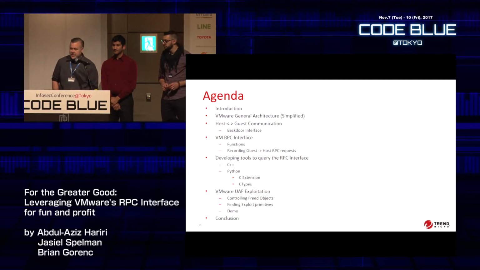What we're going to be talking about today is kind of an overview. We're going to go over a general architecture of VMware, how it works, and how some of the host to guest communication actually occurs.